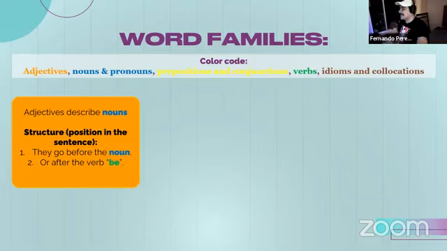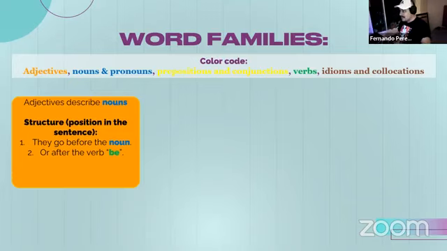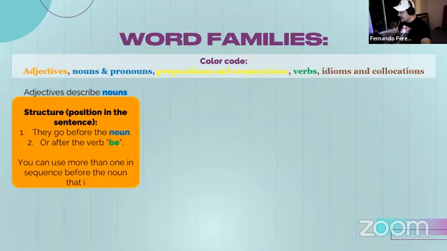Another very important characteristic of the adjective is that they can go in chain before the noun. You can use more than one in sequence before the noun that it describes.